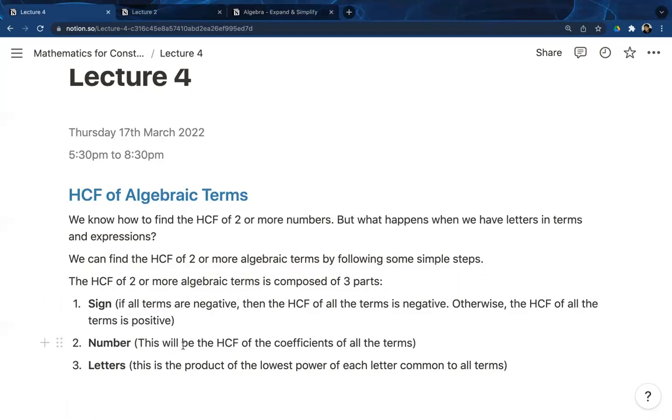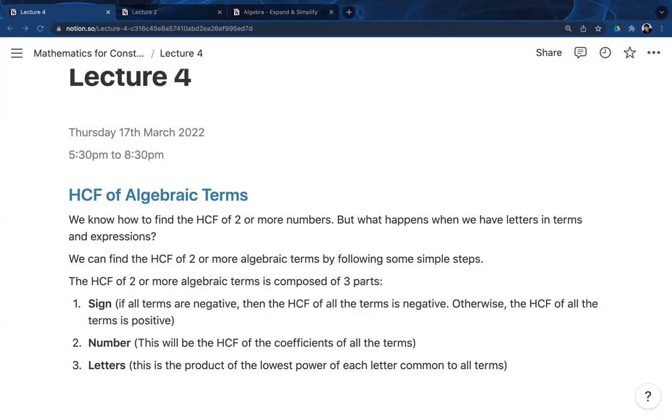Second rule, the HCF of the terms would have a number component, and the number component is the HCF of the coefficients of all the terms. And then the letters: the HCF may or may not have letters, but if it does, the letters would be the product of the lowest power of each letter common to all terms.